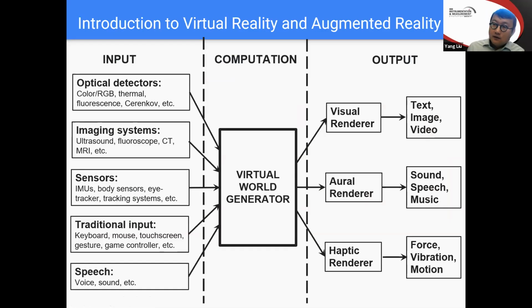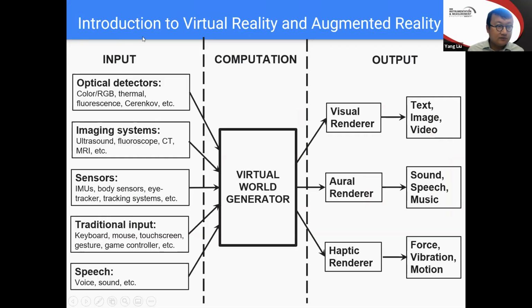If we come back to this day and age and look at how AR and VR are implemented, this is the high-level overview. On the left, you have the inputs, which can be put into different categories. It could be optical detectors, like your regular color camera.